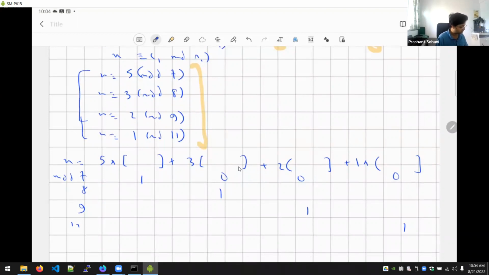So here it has to be simply 8 into 9 into 11 into something, and we will figure out that something.